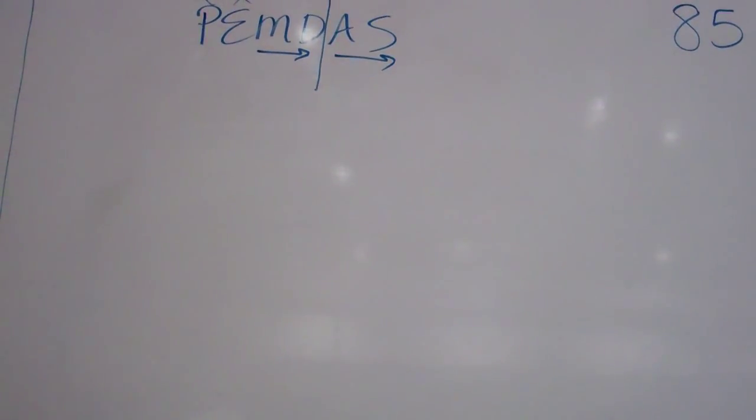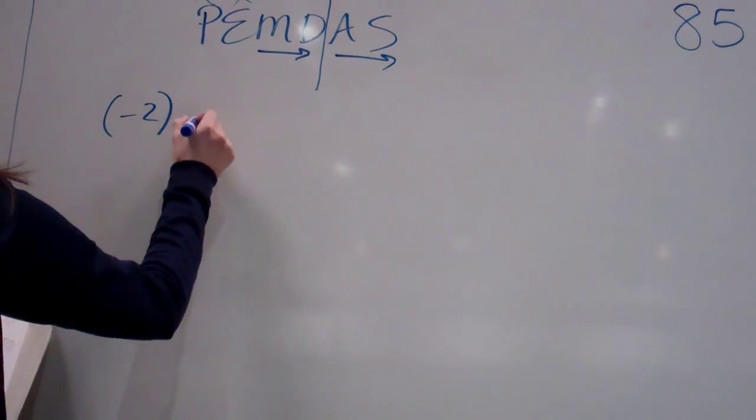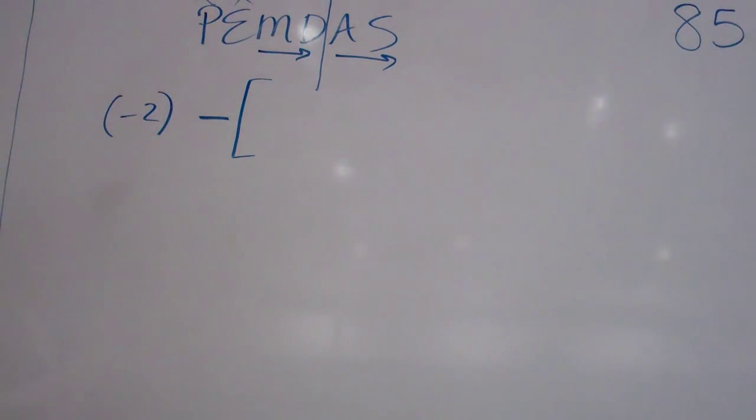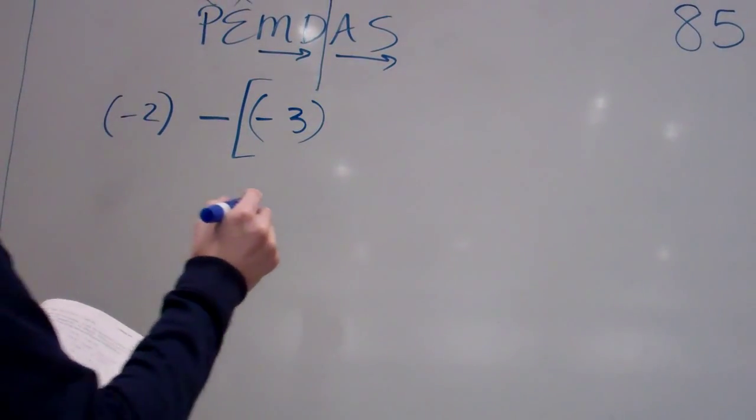All right, let's do one more, and I'm going to let y'all do it on your paper first, just to see if y'all can do one. So ready? Try this one. Negative 2 minus, and then they have these new brackets. So stay with me. I'll explain to you what that means before you even get started.